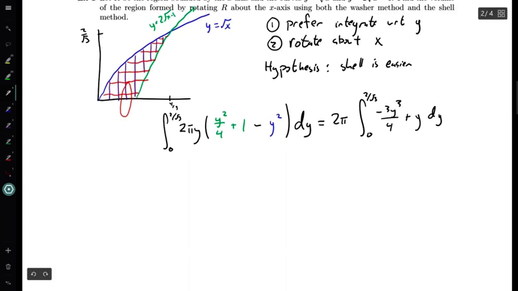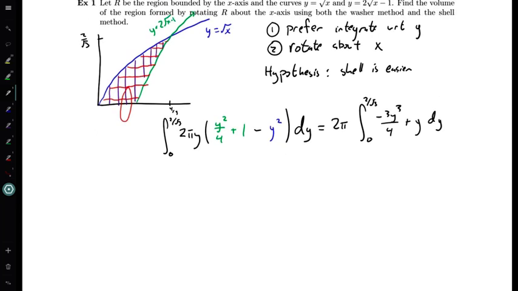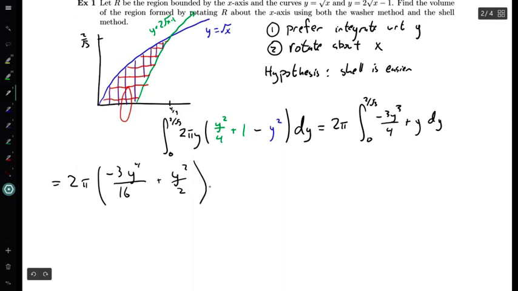Now we can actually do this computation. This is a fairly straightforward integral for us, and we're going to need a little bit of room here because I'm going to walk through some of these computations. So we'll have 2 pi, the antiderivative of y cubed is going to be y to the 4 over 4. So the 4 and the 4 multiply to give me 16. The integral of y is going to be y squared over 2, and we are evaluating from 0 to 2 over root 3.